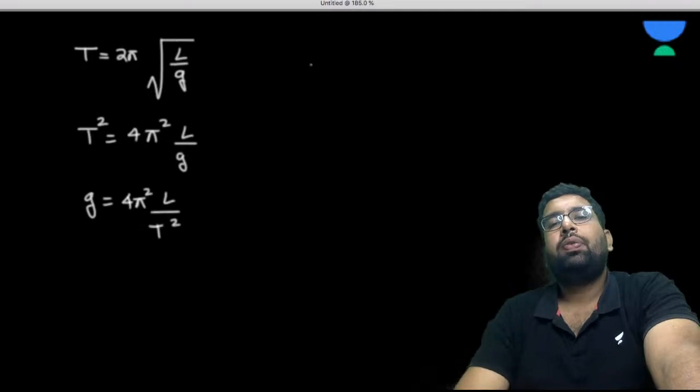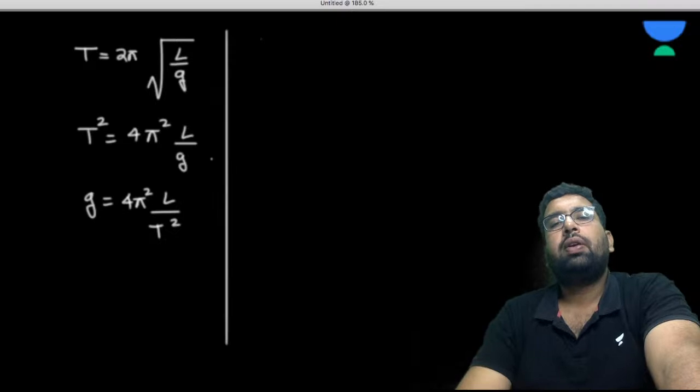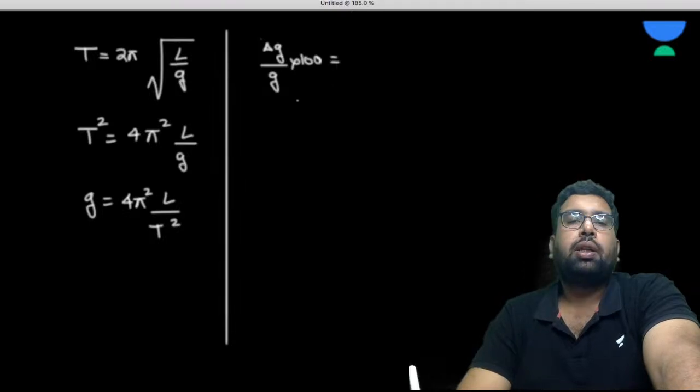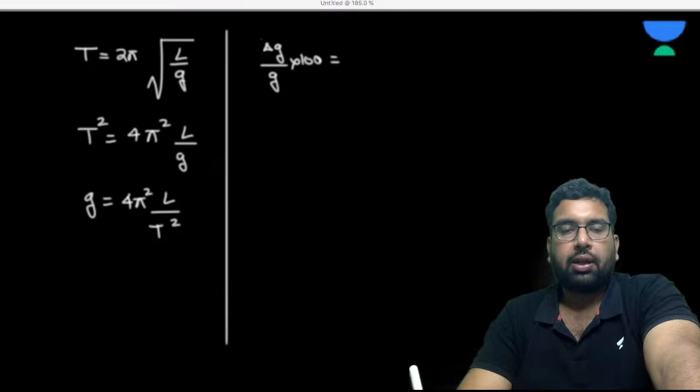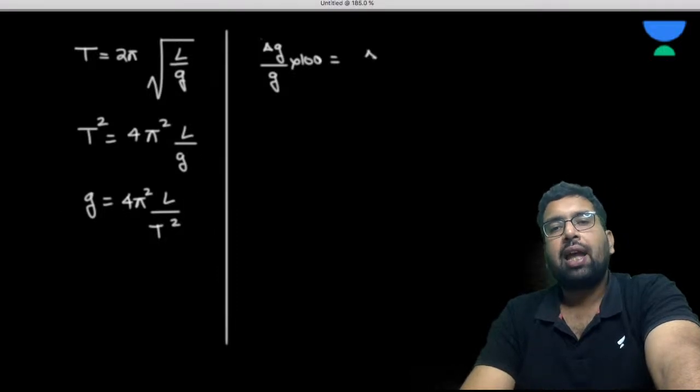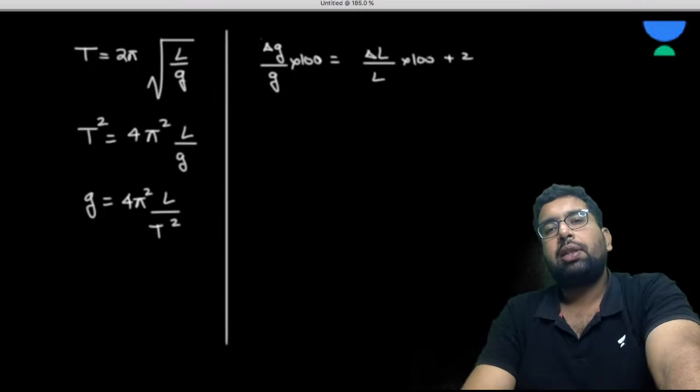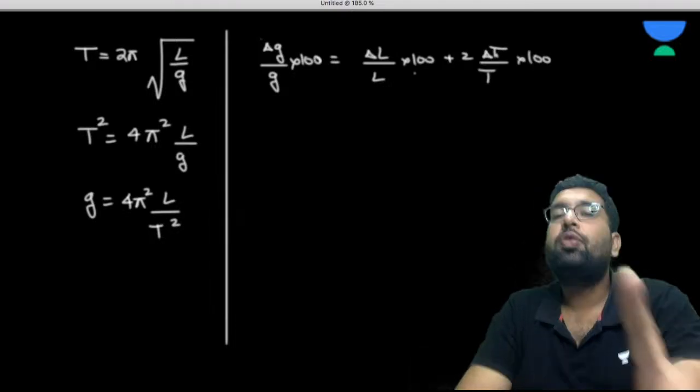Now if I use the concept of the error, can I write delta G by G into 100 is equal to, so 4 pi is a numeric value, it is a constant, so it has nothing to do with the errors. So we can write delta L by L into 100 plus 2 times delta T by T into 100, where T is the time period of one oscillation.